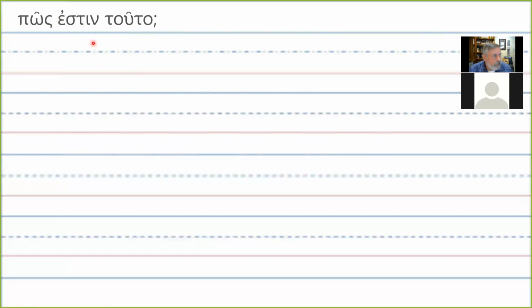Okay, so here is one that uses our demonstrative pronoun. Notice that we've got the semicolon here, which is going to tell us that this sentence is functioning as a question. And if we remember what pos means, do you remember what it means?